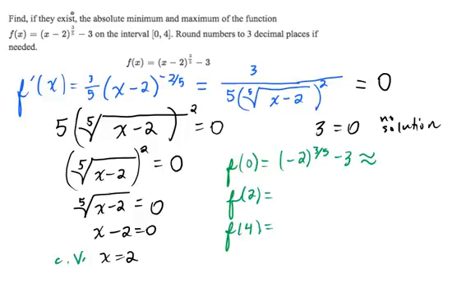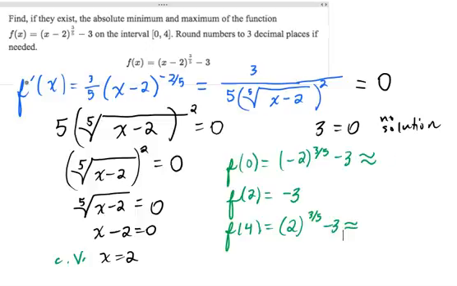Well, 2 minus 2 is 0, so that first term is 0, minus 3. So f of 2 is equal to negative 3. And then f of 4: 4 minus 2 is 2, so positive 2 to the 3/5 power minus 3.